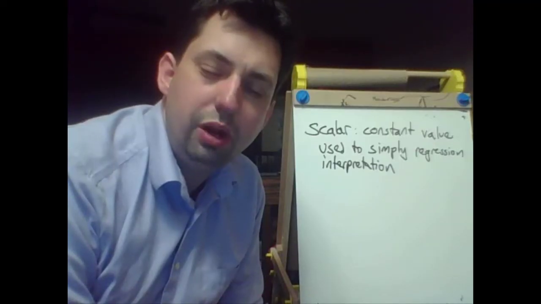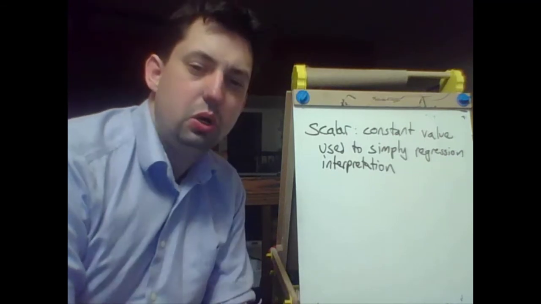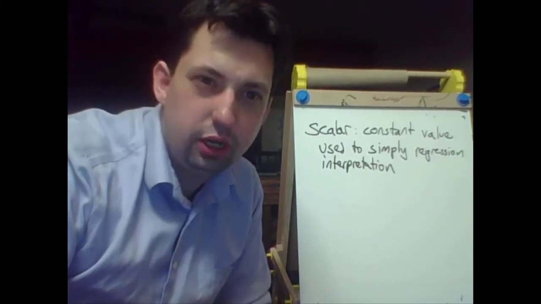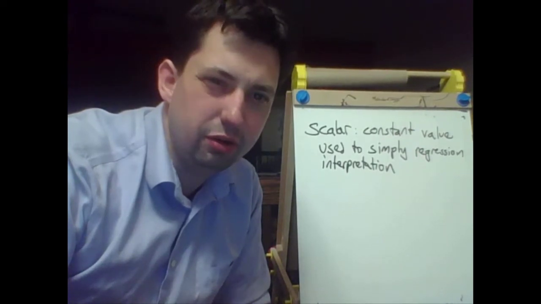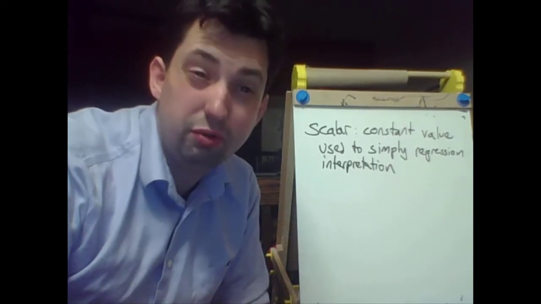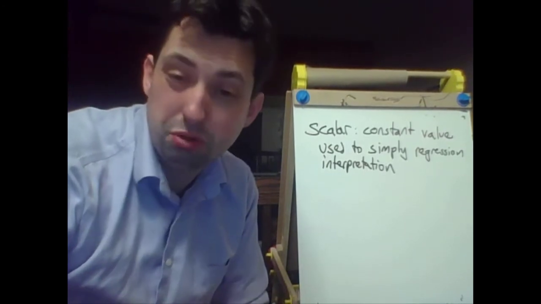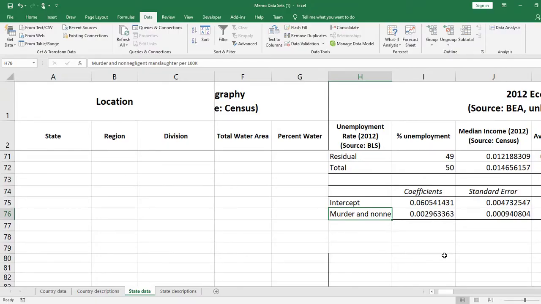What would happen? Here's the fun part. What would happen if I turned murder and non-negligent homicide manslaughter from per 100,000 to per a million? So I throw a scalar in, and the scalar is just multiplied by 10. What would happen to this coefficient?